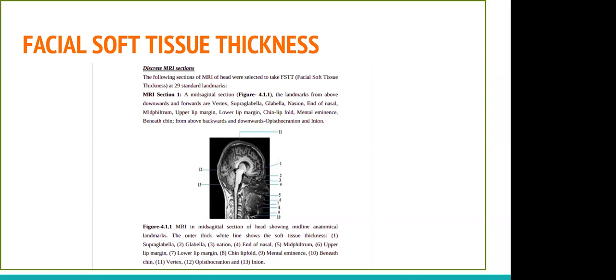Beneath the chin is right under your chin, where, if you have a double chin, the point behind which the double chin is there, the point just under the chin, is called beneath the chin. Vertex is the topmost point of the skull, opisthocranion is the posterior-most point of the skull, and the bend where the neck joins the skull is inion.